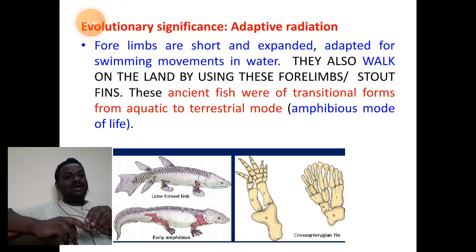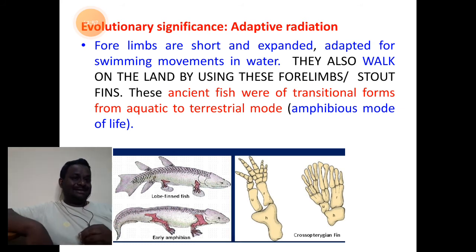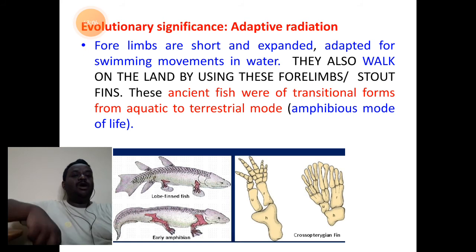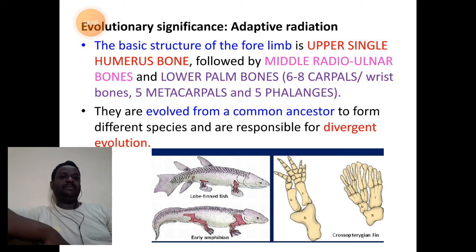When in the water, they use the same forelimb for swimming movement. When they come out of the water onto the land, they use it for walking. So an amphibious mode of life they led. So the structure does different functions in the variety of Crossopterygians.